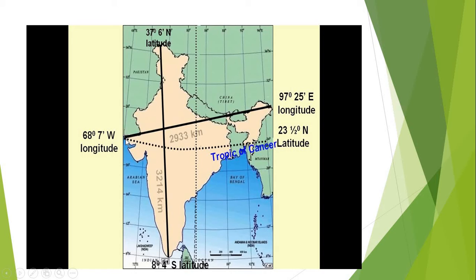Whereas the extent from west to east of Indian mainland is from the longitude 68 degrees 7 minutes west, that is in Gujarat, till Arunachal Pradesh, that is 97 degree 25 minutes east longitude.